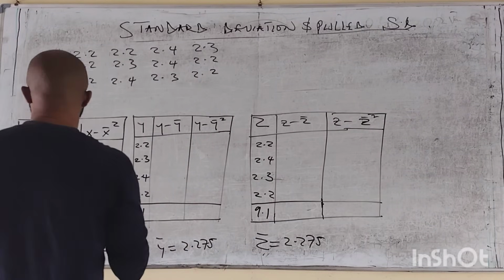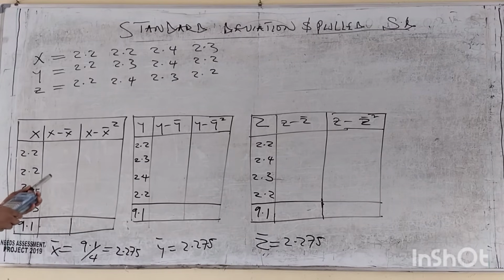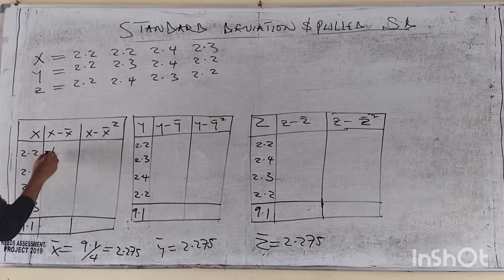So let's see this minus the mean. We want to start that now. 2.2 minus 2.275, we have minus 0.075.